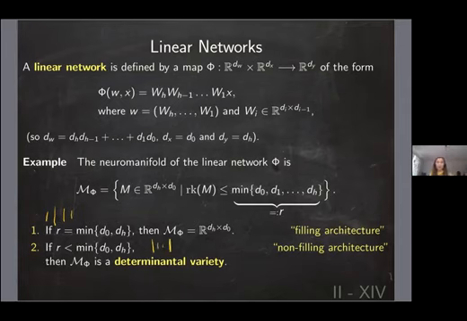Yeah, where it says 4 layers in this example, and the tiny one is like in the middle. And so this is what I will call a non-filling architecture. And the neuromanifold is not a vector space anymore. This is now really rank-bounded matrices. And in algebraic geometry, these are classically studied for hundreds of years, and we often call them determinantal varieties.